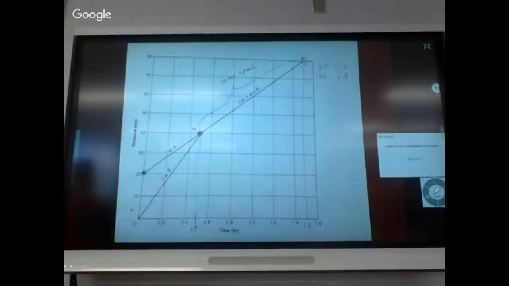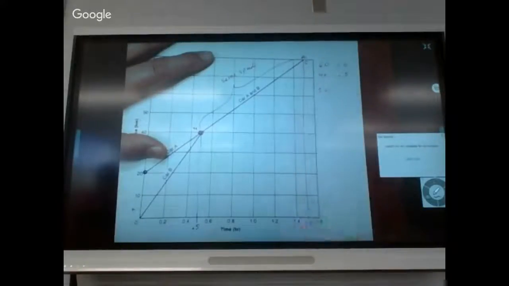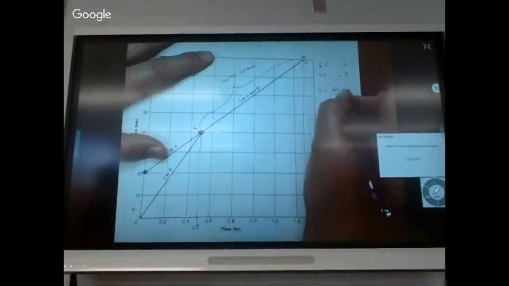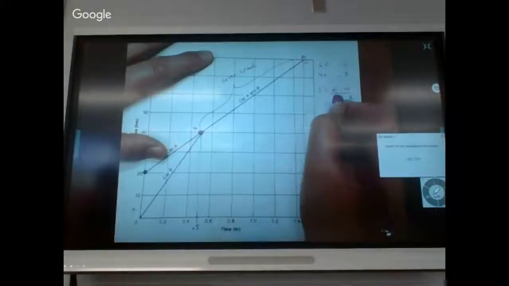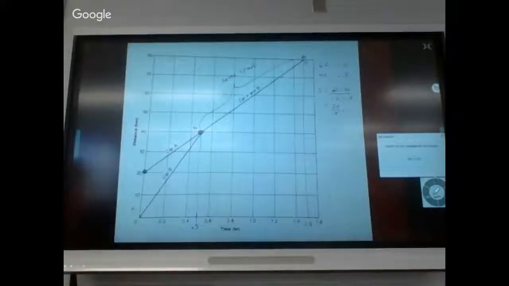Anytime you have two distances, what do you do with them? So 60 minus 40 over, what do I do with these 2 times? The 1.0 minus 0.5. So 60 minus 40 is 20. 1 minus 0.5 is 0.5. So when you divide 20 divided by half, I think that's 40. Let me punch it out in the calculator, check my math.